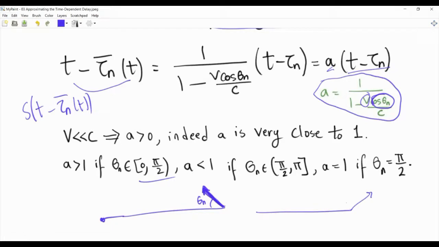And if theta n is an obtuse angle, between pi over 2 and pi, then cosine theta n will be negative, and this will be 1 over 1 plus something, and A will be less than 1. But in all cases, because c is much, much larger than v, A is very close to 1. Depending on the angle, it will be slightly higher than 1, slightly less than 1, or exactly 1 in the case that theta is exactly equal to 90 degrees.